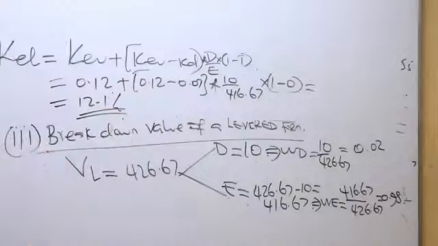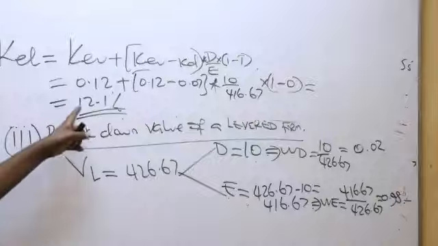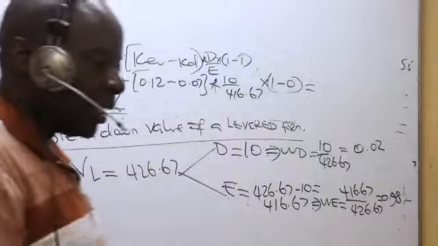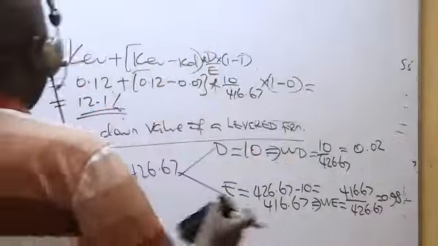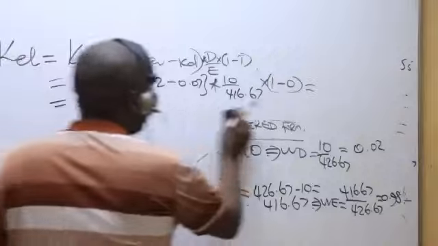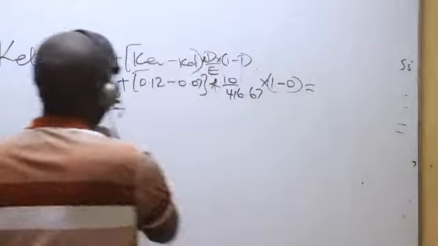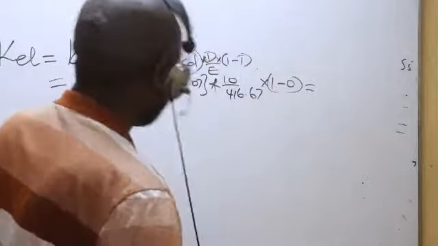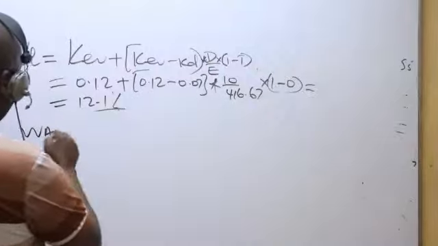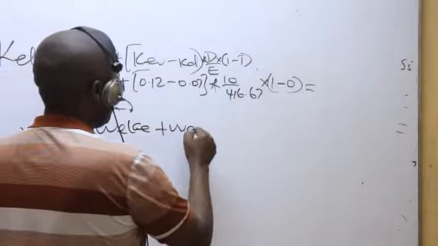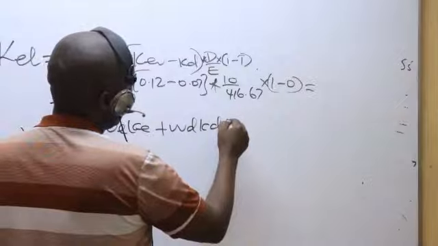So now I know it's about plugging in this value in the formula for WACC. WACC equals weight of equity times cost of equity plus weight of debt times cost of debt after tax.